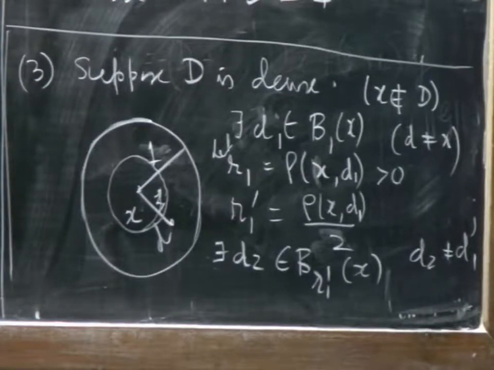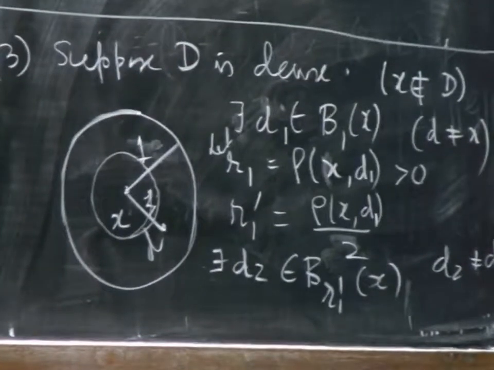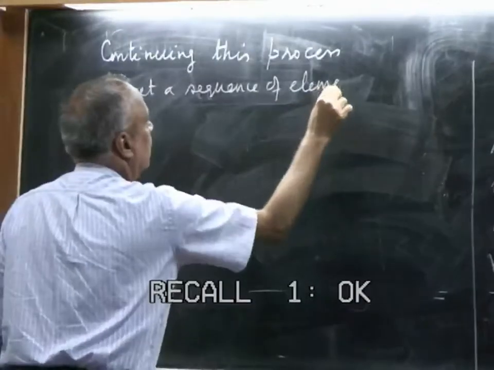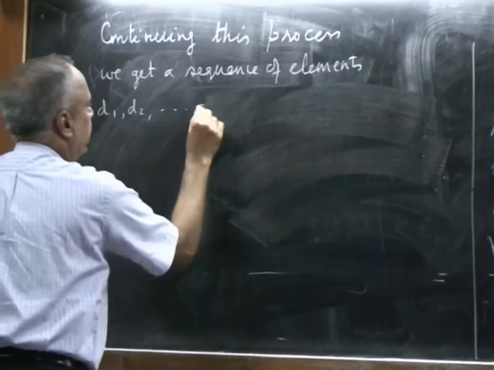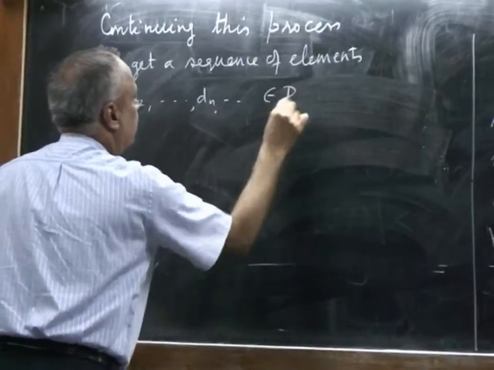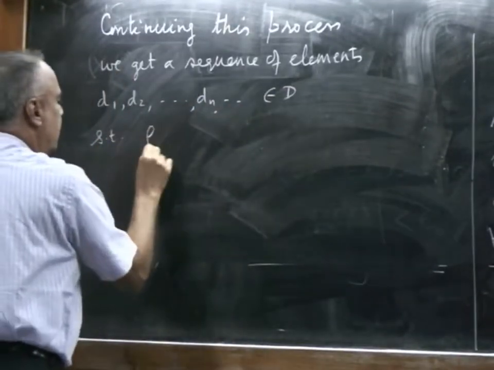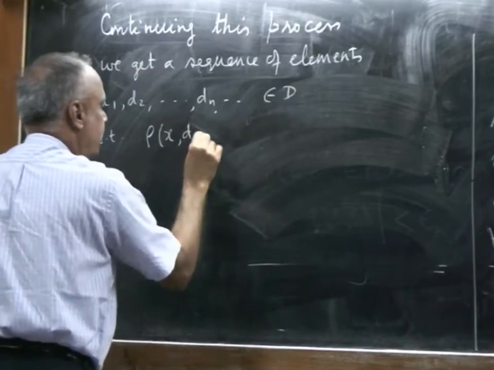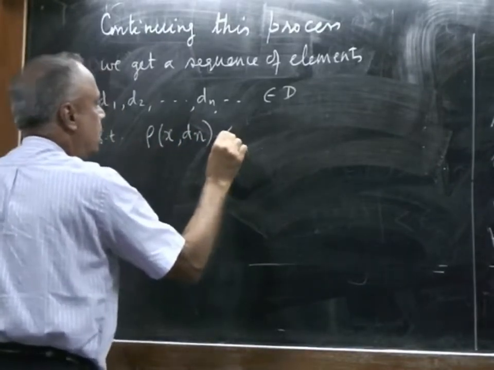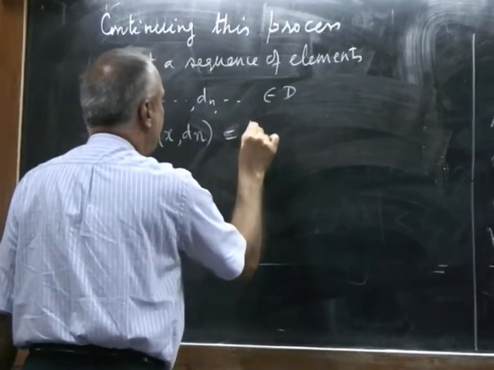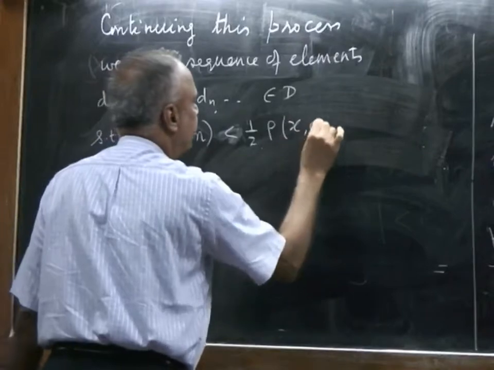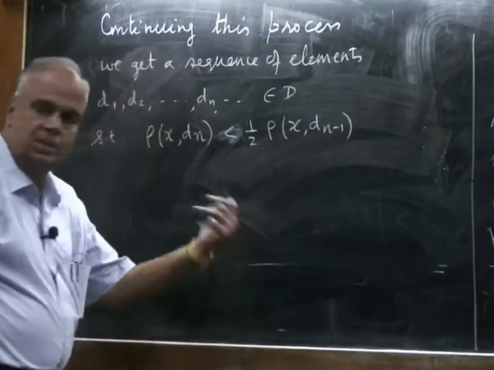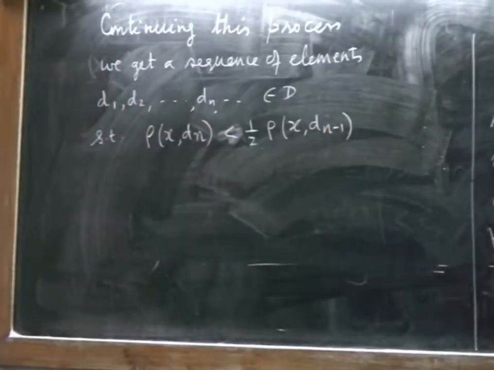we get a sequence of elements d1, d2, etc., dn, etc., belonging to D, such that the distance between x and dn is less than half of the distance between x and d(n-1), because it is inside the circle of radius half of the previous circle.